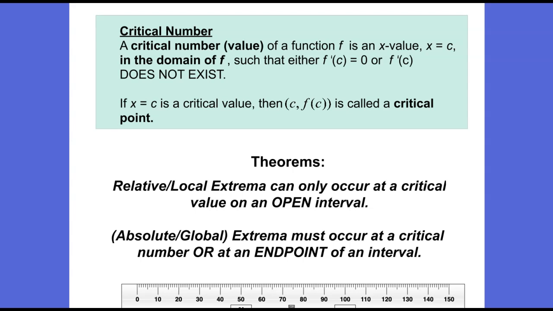If x equals c is a critical value, then c, f of c is called a critical point. So a couple of theorems based on this. Relative or local extrema can occur only at a critical value on an open interval. Absolute or global extrema must occur at a critical number or at an endpoint of an interval.